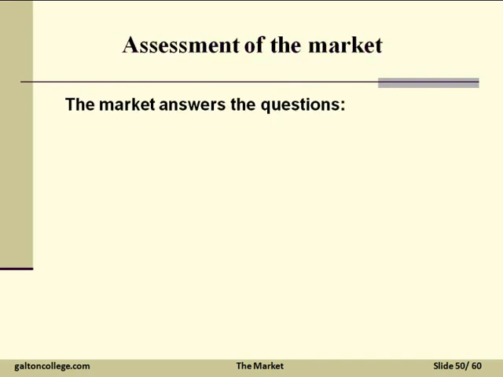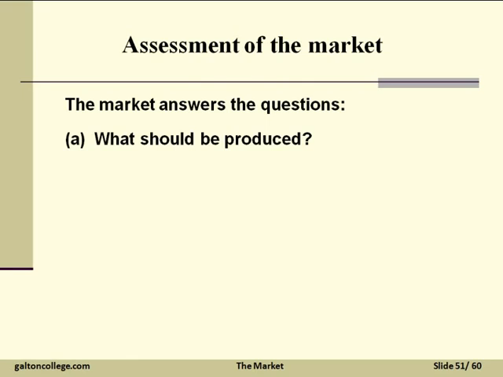Now let's have a look at an assessment of the market. The market answers various questions. It answers the question what should be produced. Well, what should be produced is what is demanded, and what is capable of production.